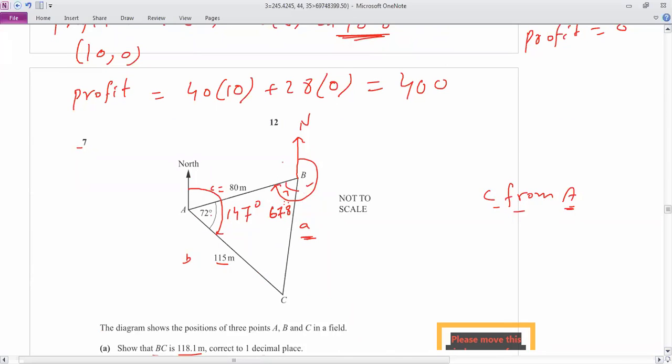So to find this one, I will first find this angle. Let me choose another color. Yes, I will first find this angle. To find this angle, use the property between the two norths. Obviously, this north line is parallel to the other north, and what is this angle? Only this angle, because total is 147. So what will be the remaining? 147 minus 72.